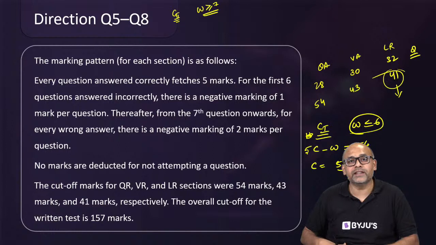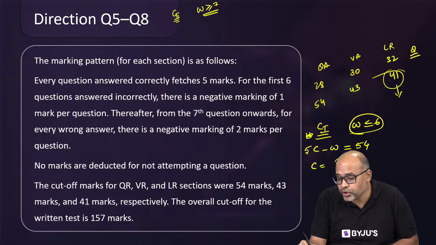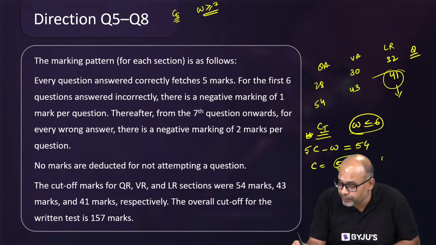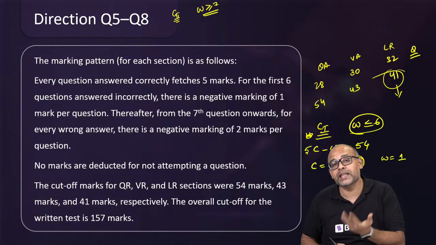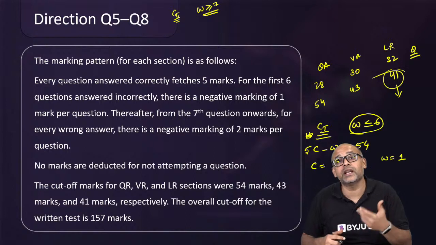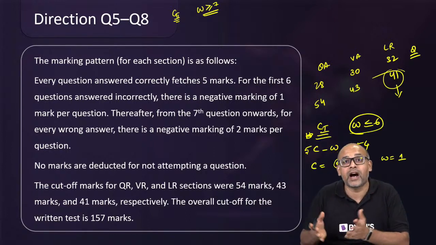Now what are the possibilities here? The numerator should be a multiple of 5, which means my W can be 1. If my W is 1, my C will be an integer, because C is the number of correct questions. I can't have half a question correct.